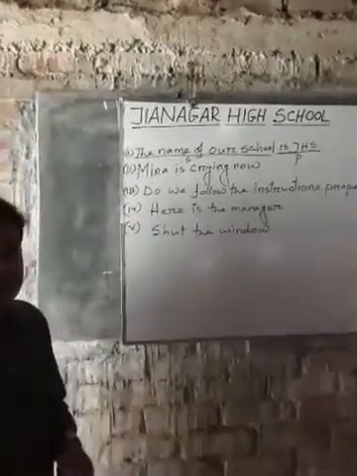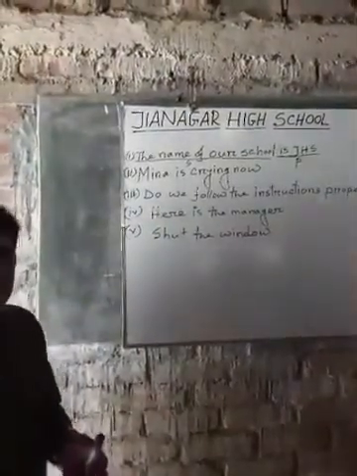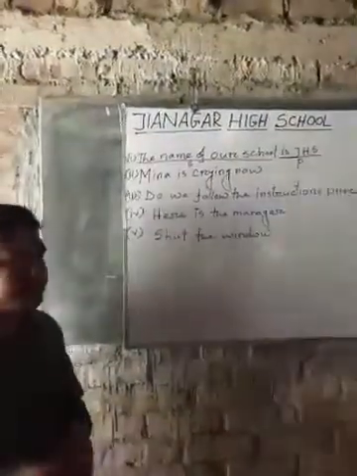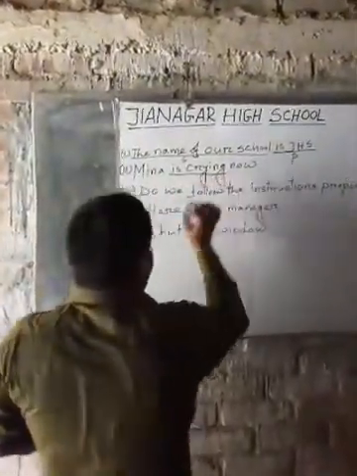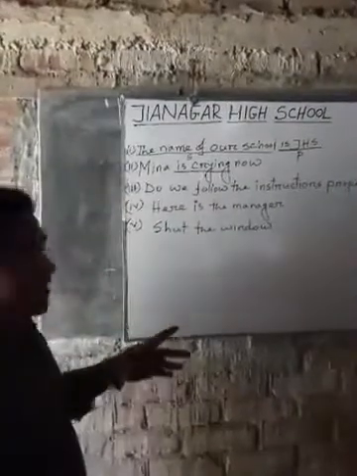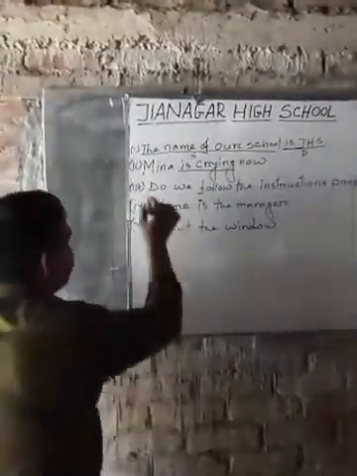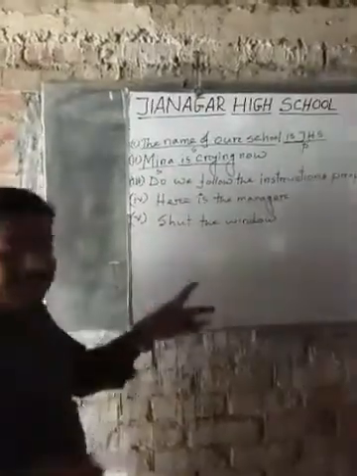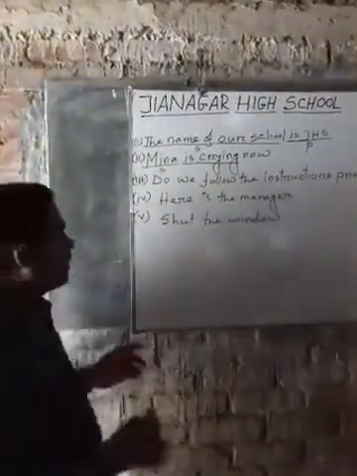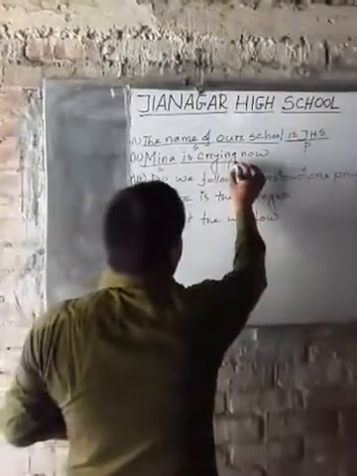Here, what is verb? Try to find out the first verb. Here, is crying is verb. So we can say Mina is subject here, and from the verb up to the last word is called predicate. So is crying now is predicate.